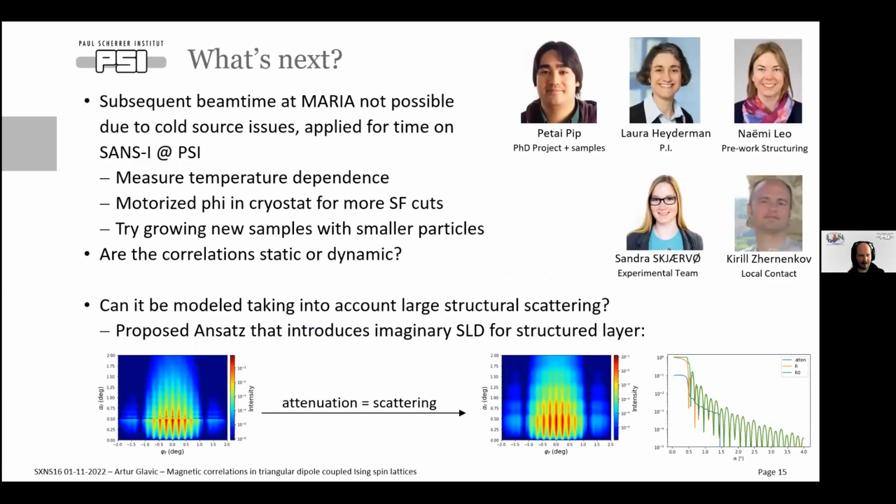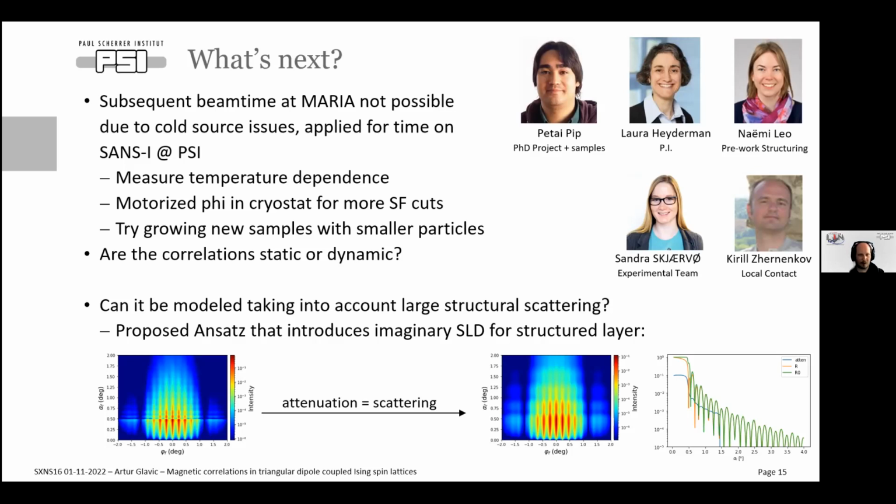So from that, I hope I could show you the possibilities that you can do with GISANS now also for diffuse magnetic order in these systems, if you have the right samples. But it's really difficult to model this correctly, and I think we need to improve the options in the modeling to allow more complex structures to be displayed.